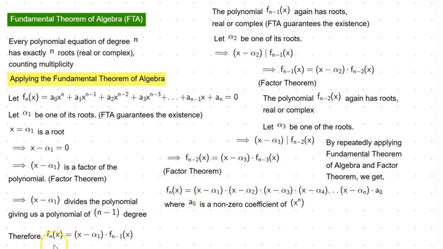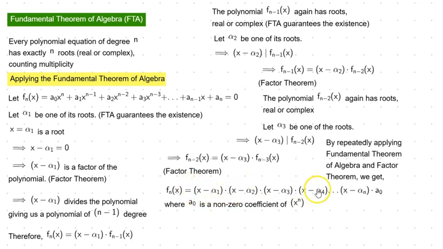equal to x minus alpha 1 times f_(n-1)(x). But this is what? This is x minus alpha 2 times f_(n-2)(x). But this is what? This is again x minus alpha 3 times f_(n-3)(x).